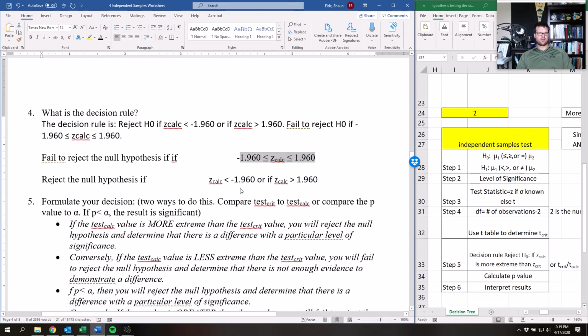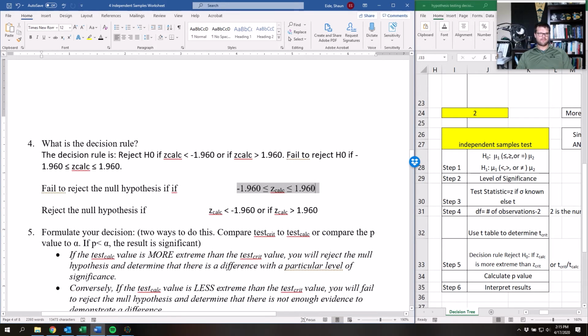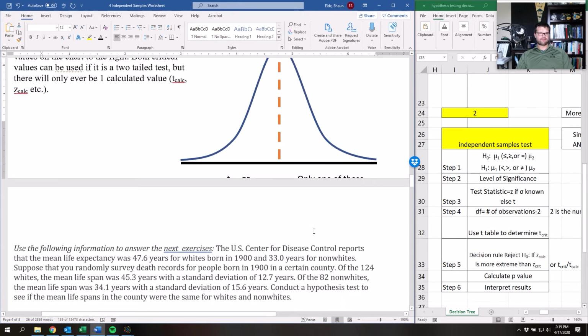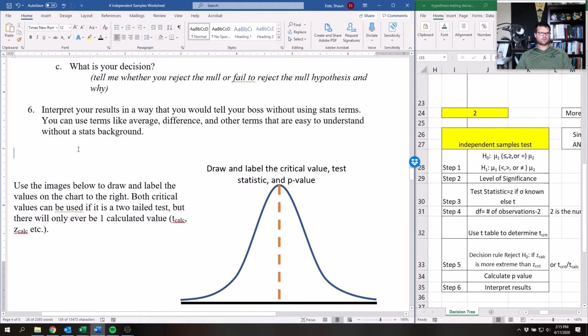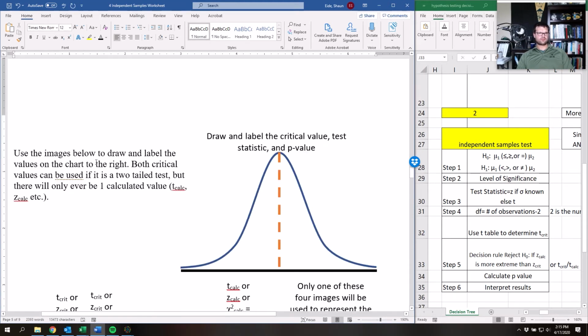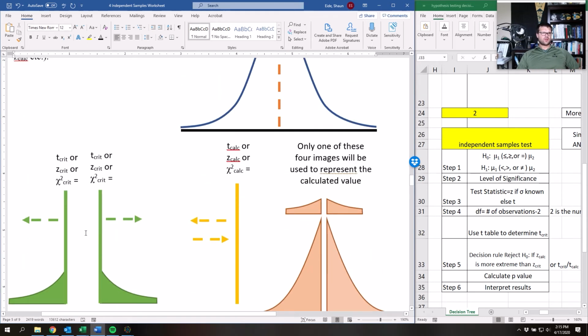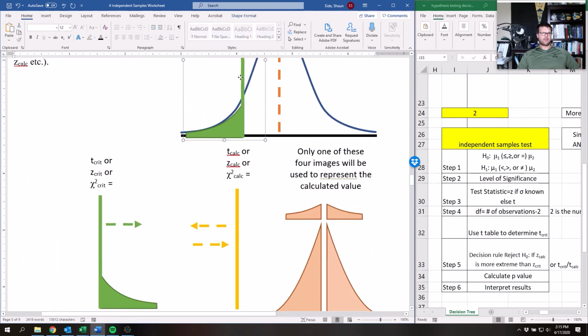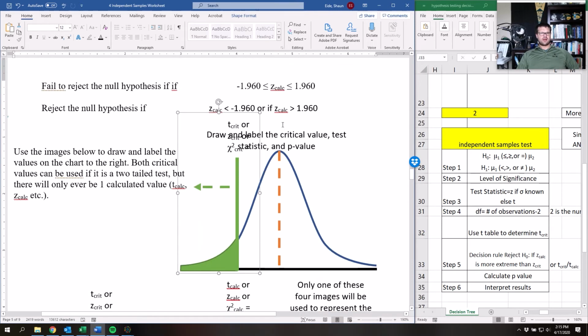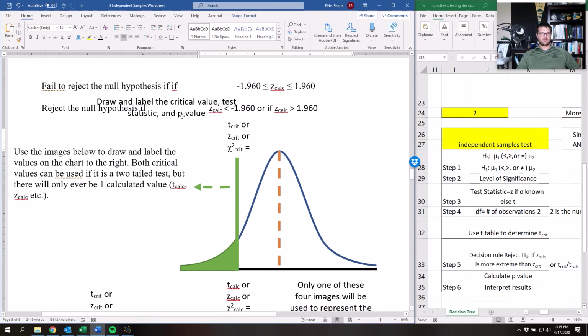So we've got the decision rules. And I'm going to put this right here. It says draw and label the critical values, test statistics, and p-values.